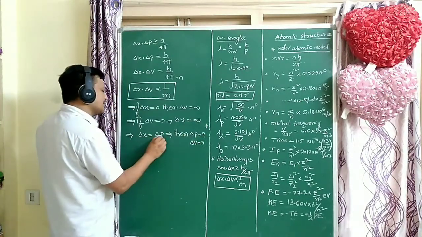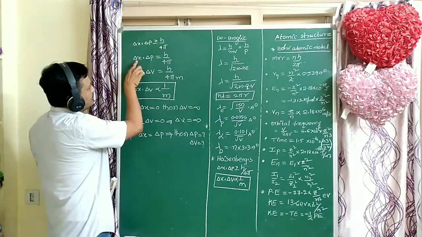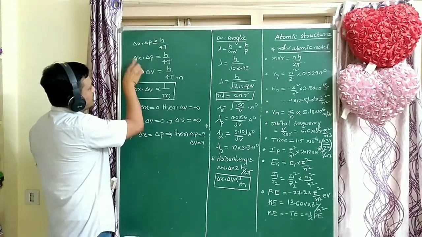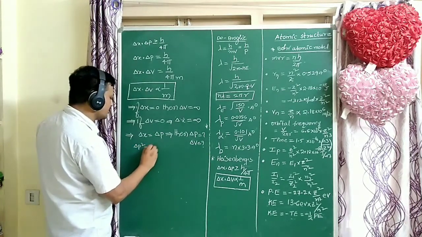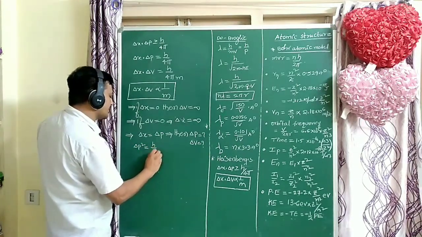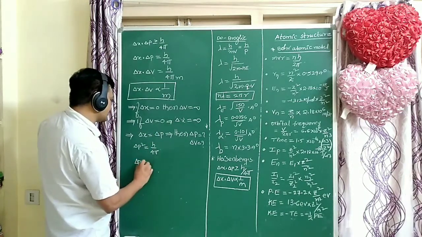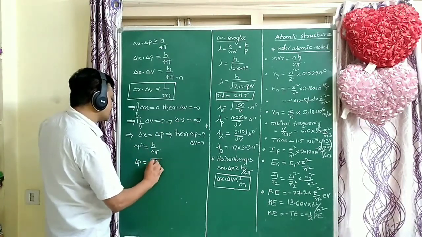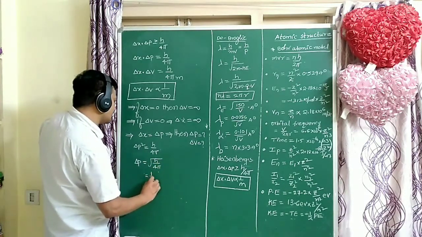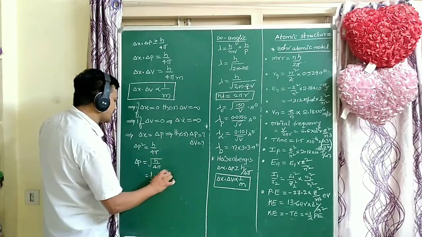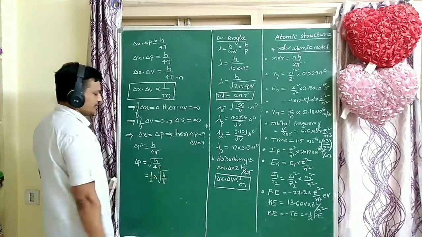Here delta x equals delta p, so in place of delta x you write delta p: delta p whole square equals h by 4 pi in the minimum condition. So delta p equals the square root of h by 4 pi, that equals 1 by 2 into the square root of h by pi. This is very, very important.